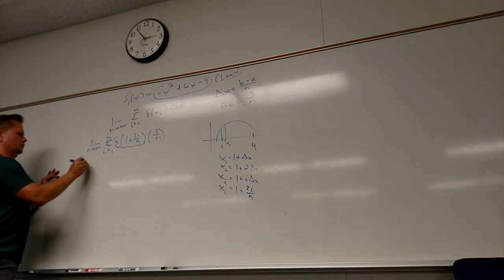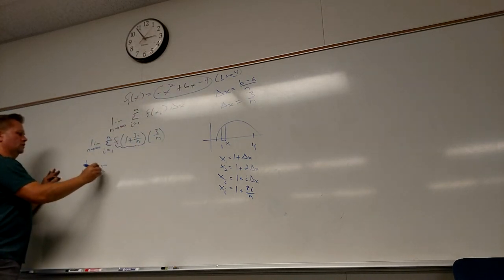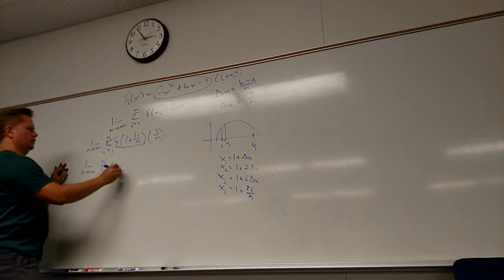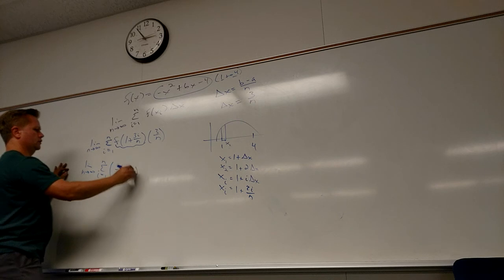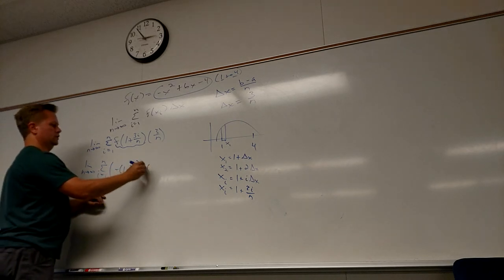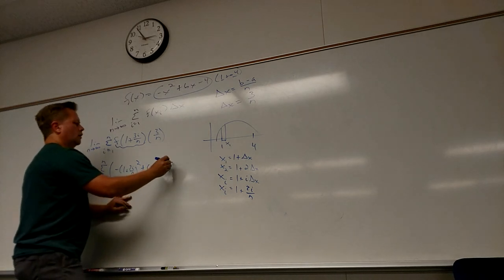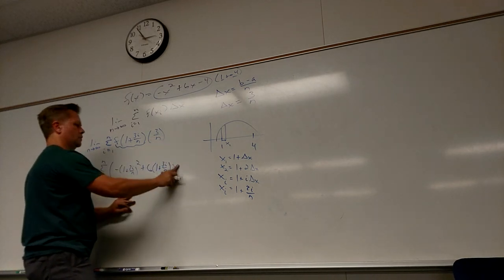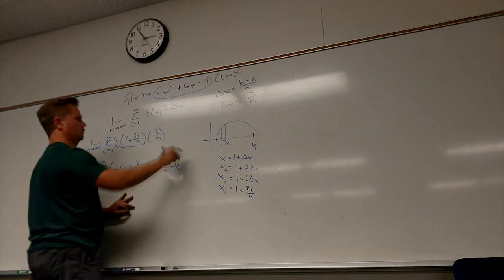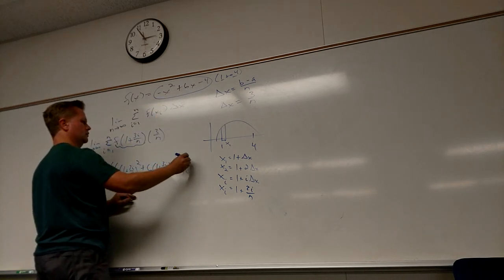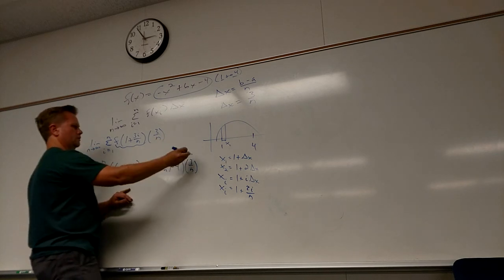So let's see. I get limit n goes to infinity, sum i equals 1 to n of negative (1 plus 3i over n) squared plus 6 times (1 plus 3i over n) minus 4, times 3 over n.